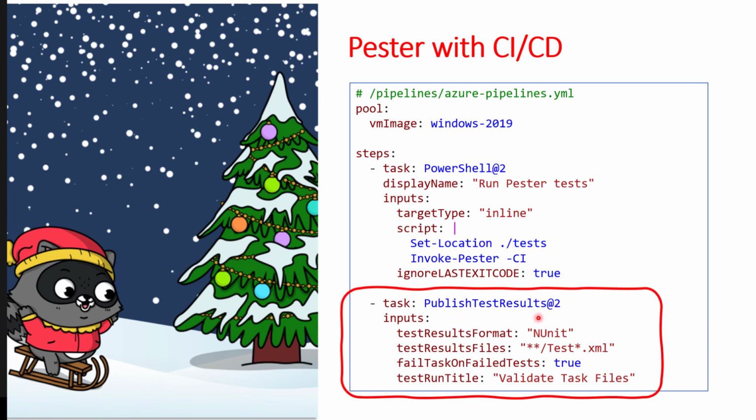Next, we'll use another task to publish our test result in the NUnit format. And why is this interesting? Because if you do that in Azure DevOps, for example, you will have a beautiful representation of your test results.